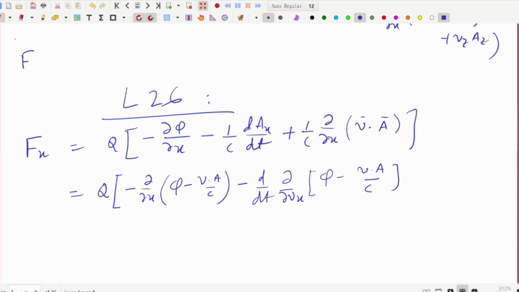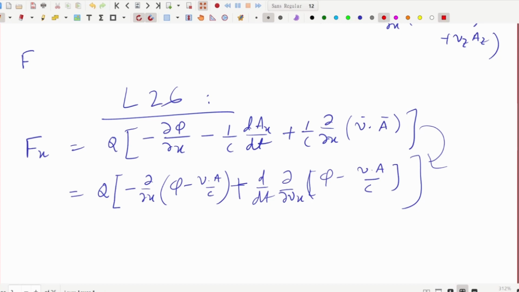So let me first calculate and show that this equation can be written in this form. Let me convince you.